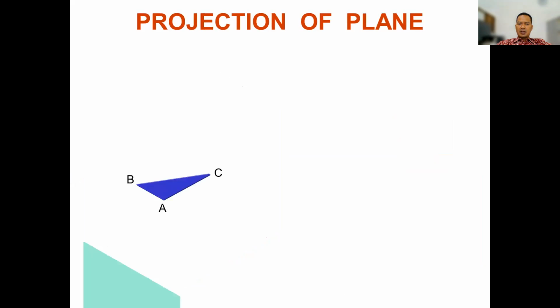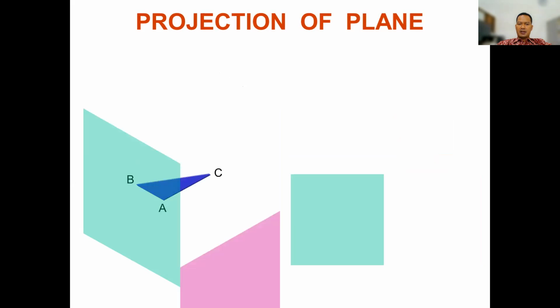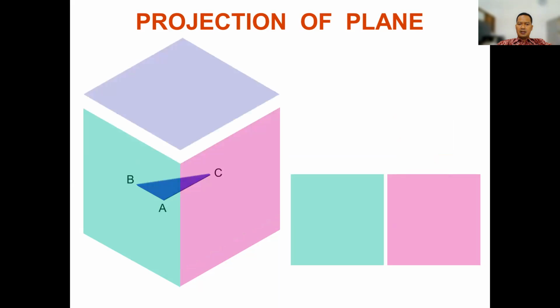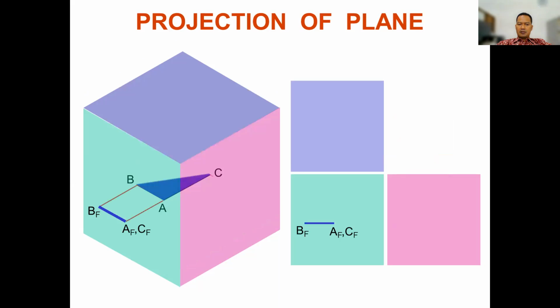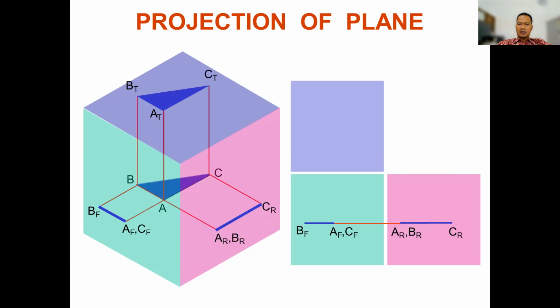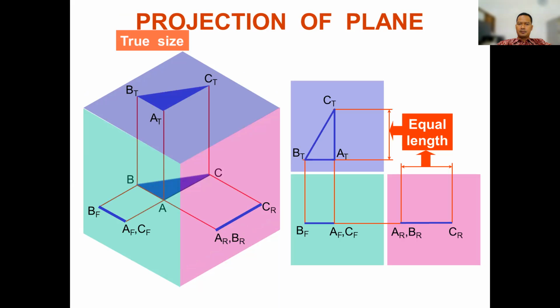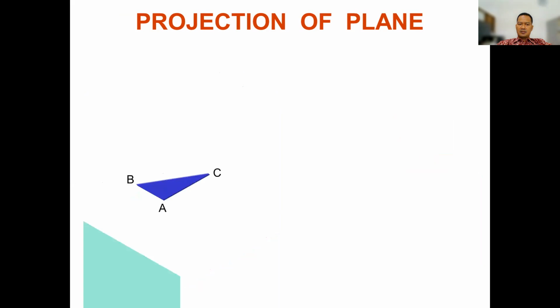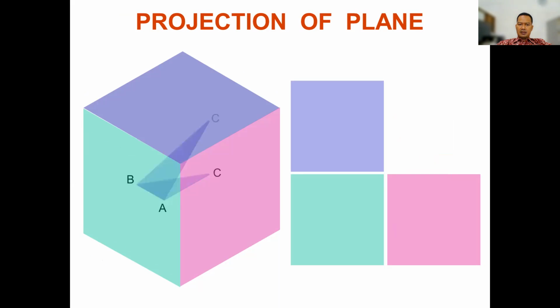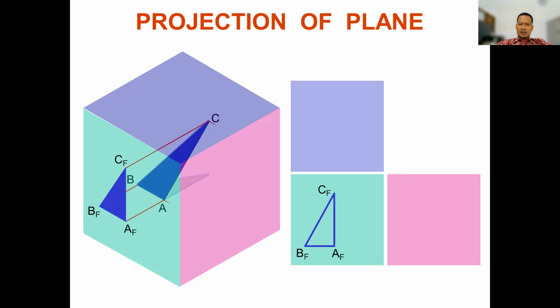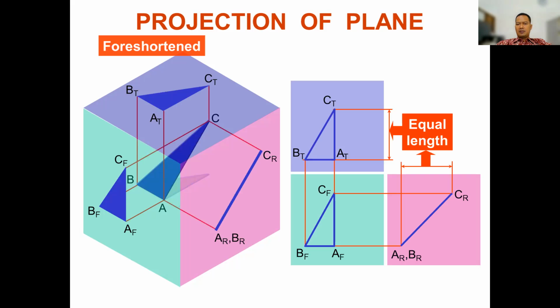And then the projection of a plane, for example, we have triangle A, B, and C. To the front, we will get a line, and the right as a line, and for the top projection, we get a triangle. When the plane is moved to this position, the projection should be like this.